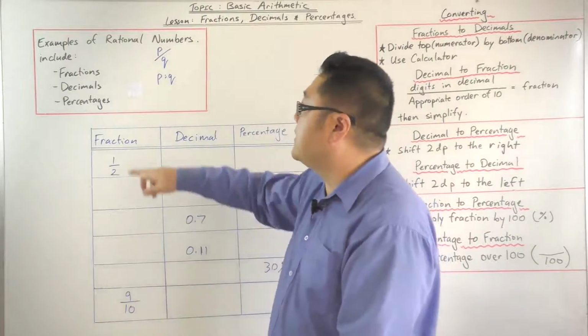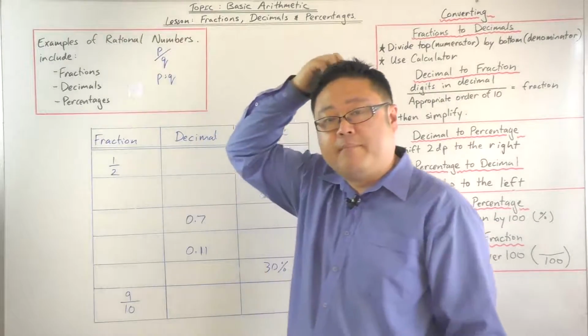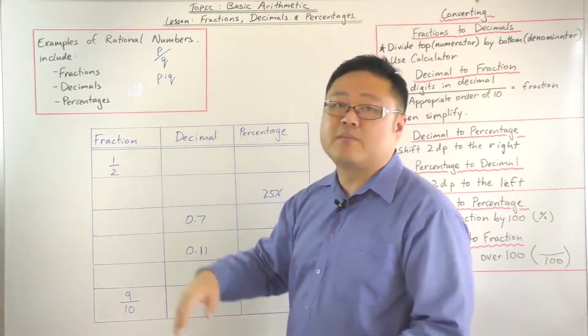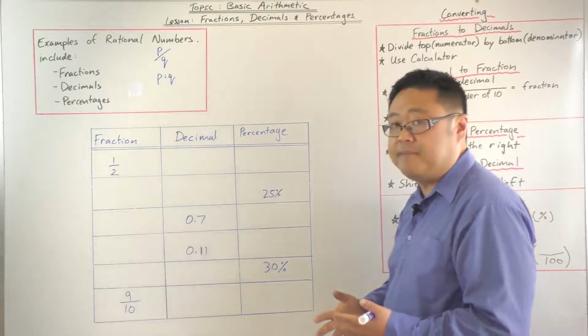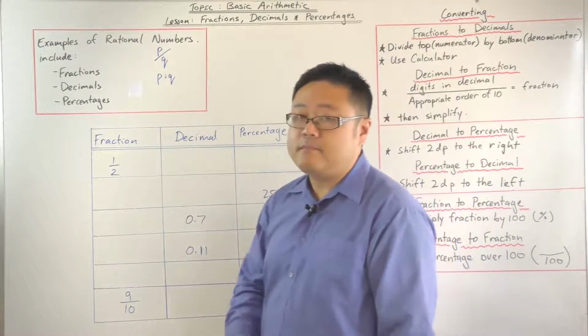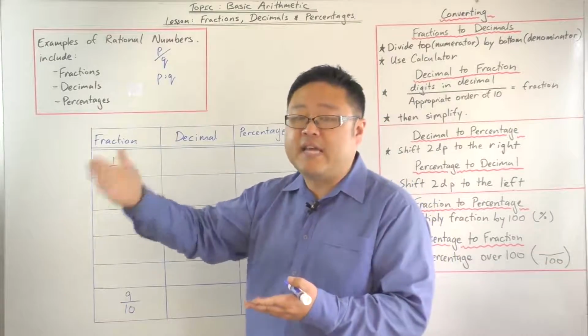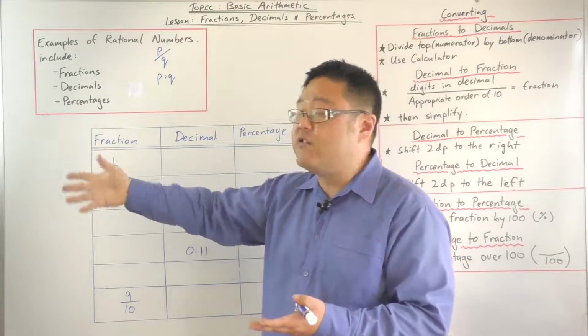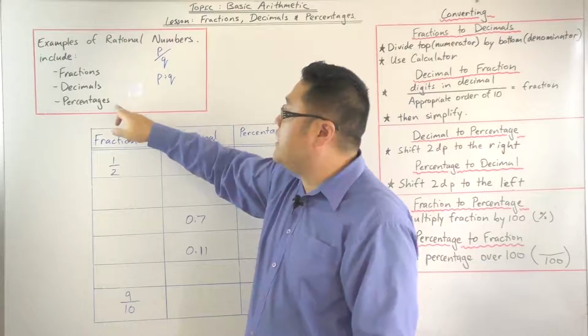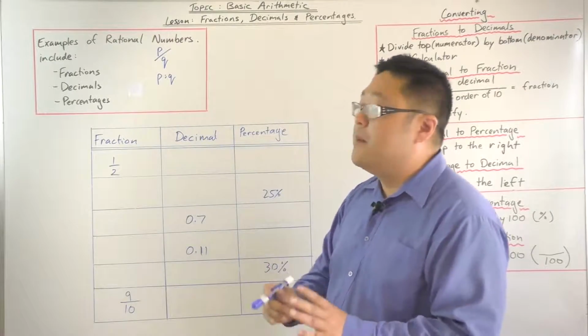So a decimal is a rational number where your bottom number is expressed as a power of 10, either as hundredths, thousandths, 10,000ths, 100,000ths, etc.